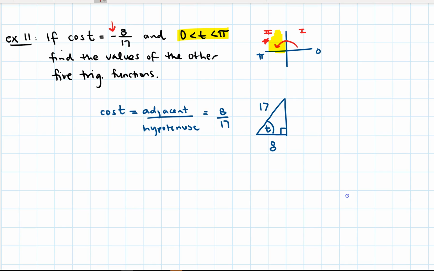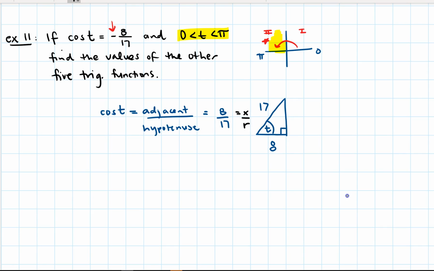Remember, because they're giving us a negative sign, we're looking at this in terms of superimposing this right triangle on the coordinate system. Using the idea that the hypotenuse is our radius, they usually talk about cosine dealing with x, hypotenuse dealing with r.